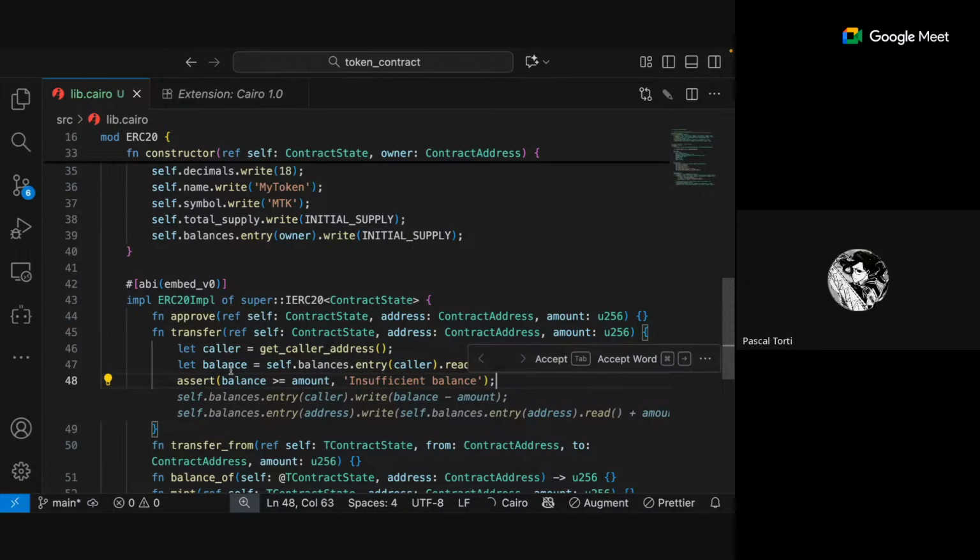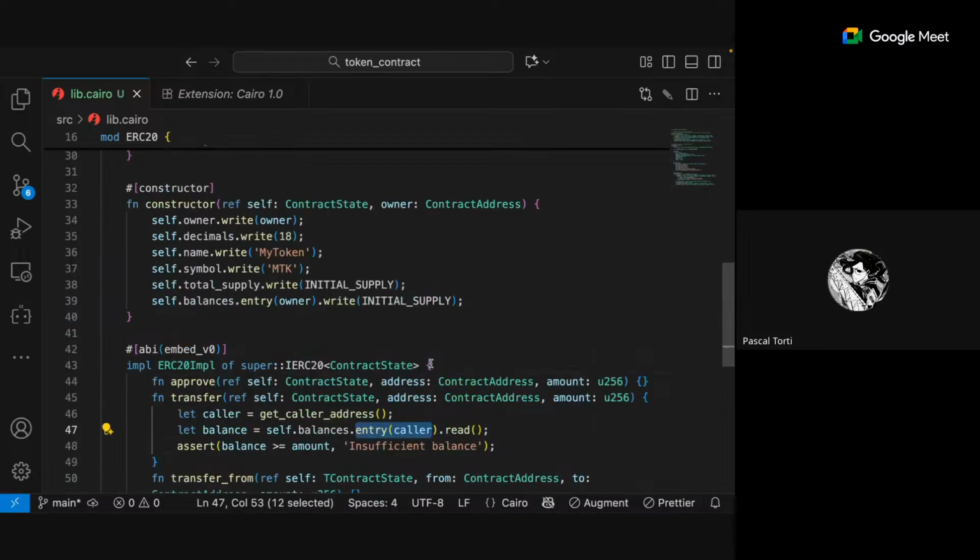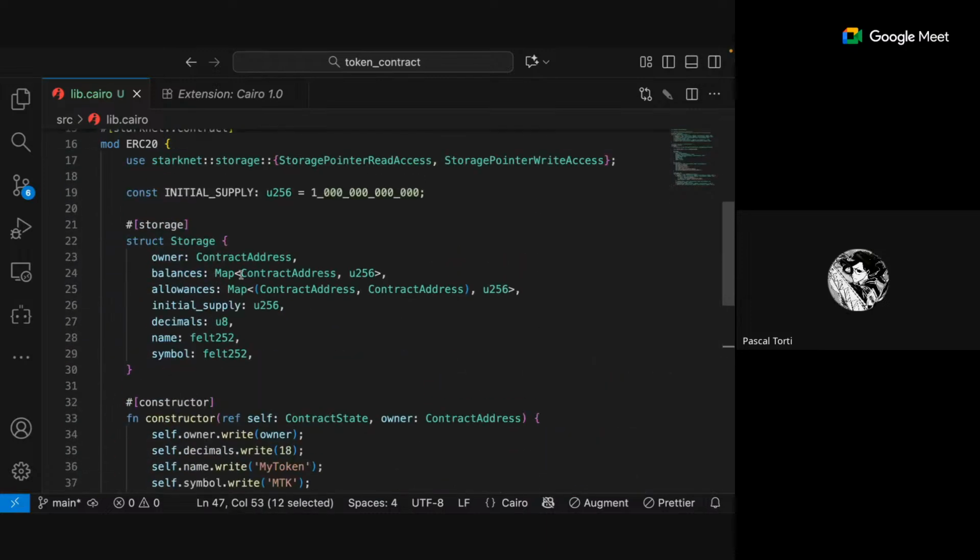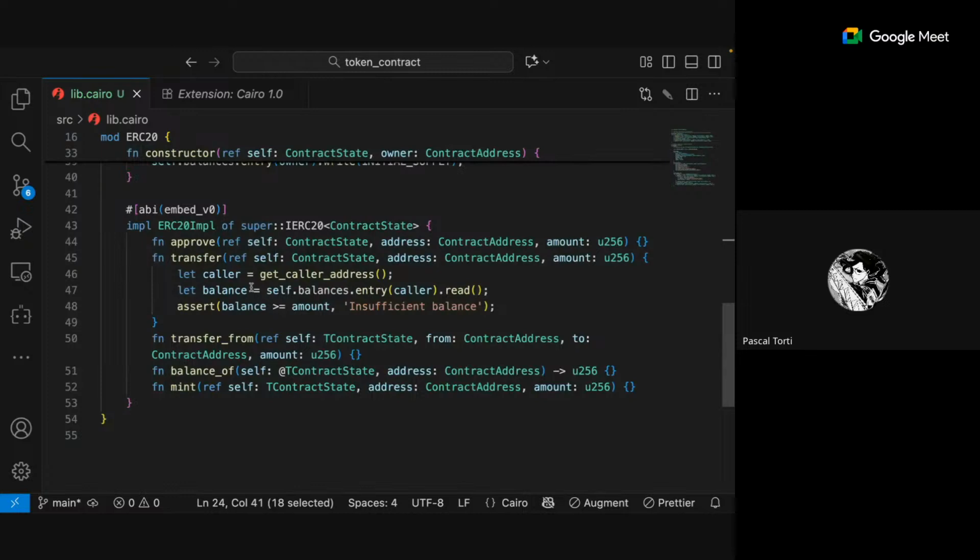Let the balance be the balances of this caller. For each map there is an entry, and the entry takes in the value of the key. So the caller address is the contract address, and balances takes in an entry of the key, which is the caller, and read. I want to read the value and check if the value is greater than or equal to this amount.